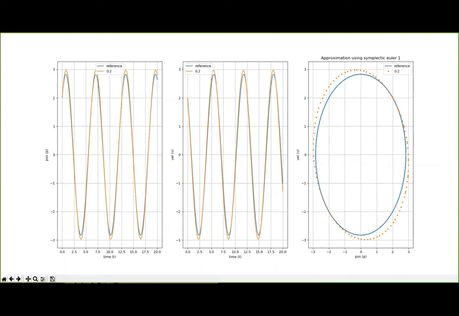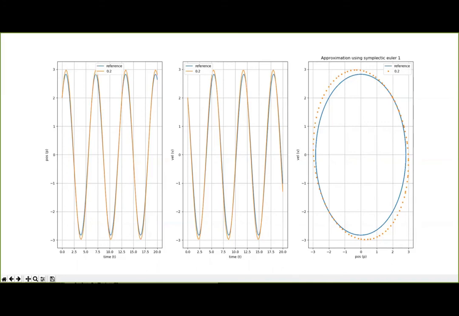And to understand what happens here, it is again helpful to take a look at the right panel, where we plot the trajectories of the position-velocity pairs produced by the symplectic Euler method. What you can see here is that the approximations produced by the symplectic Euler method lie on an ellipsoid around the origin, just like the position-velocity pairs for the actual original system.